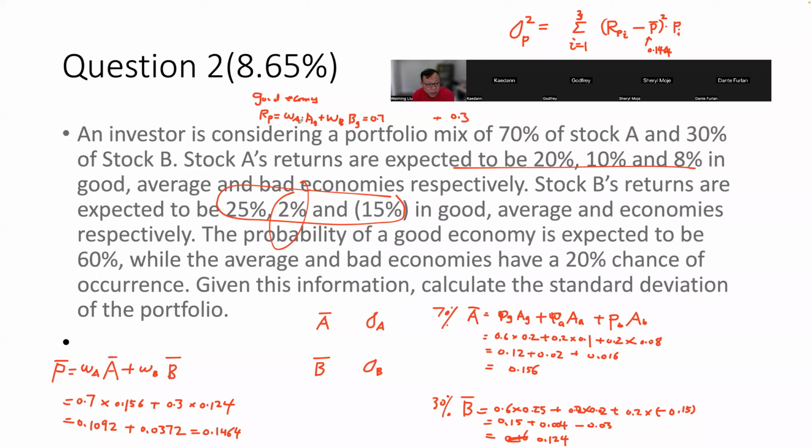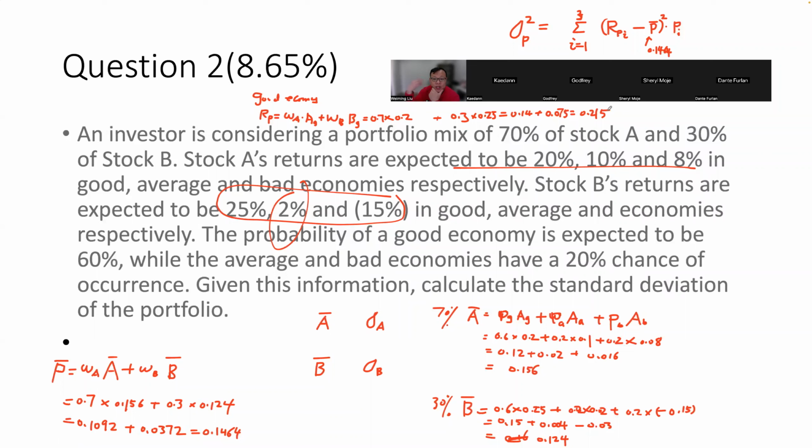In a good economy, the return for A is 20% and for B is 25%. This gives me 0.14 plus 0.075, so I should have 0.215. Is that correct?